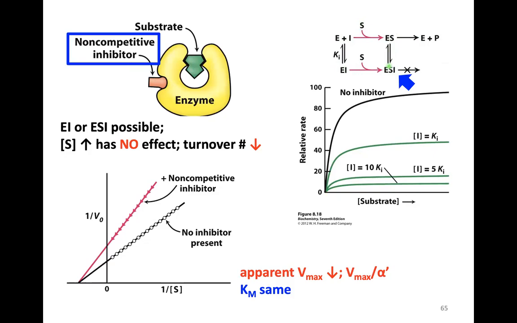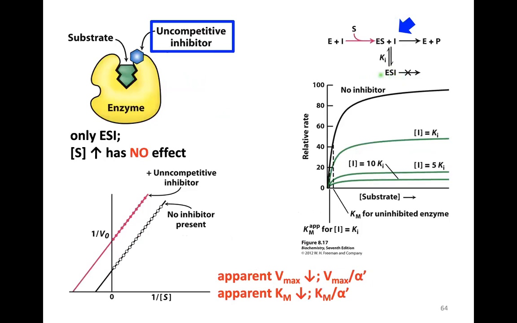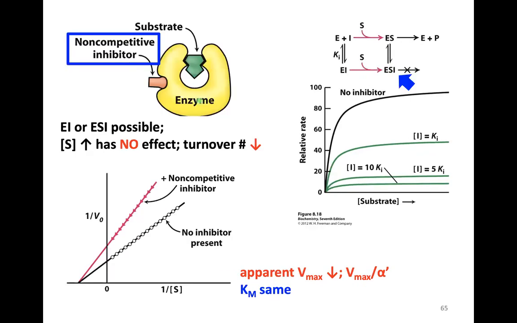So we can have either the enzyme inhibitor only complex, a binary complex, or the ternary complex ESI. Okay, that is in contrast to what we saw. The ternary complex is the only species present for uncompetitive inhibition. So for non-competitive inhibition, we have EI or ESI. Okay, the binary or the ternary complexes.